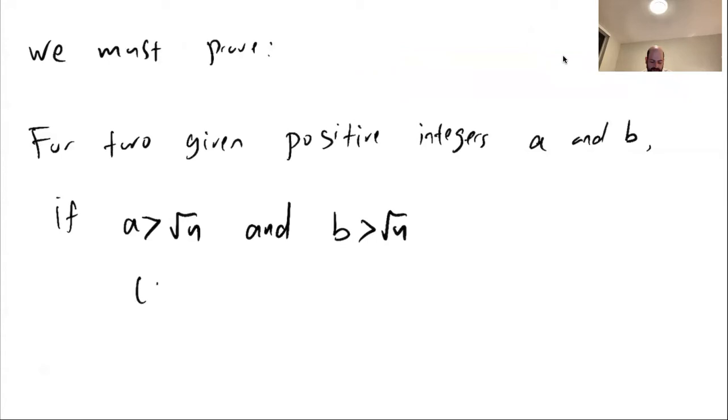Do you remember? See, negation of r or s is same as negation r and negation s. De Morgan's law, right? Disjunction, remember, means or, conjunction means and.